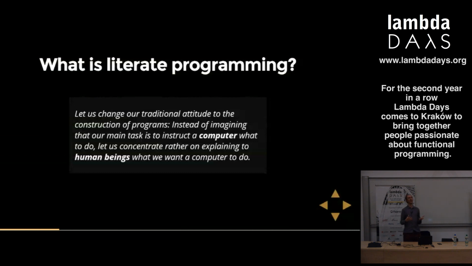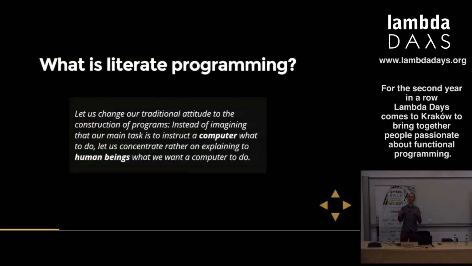I think this is a really important idea, because when you're writing code, the computer needs to run it, obviously, but very often you come to the code later and you again need to understand what it does. Or in the age of GitHub, you put your code on GitHub and people who want to contribute to it have to understand what it does.